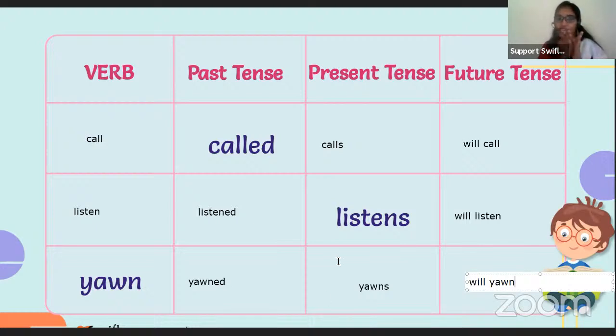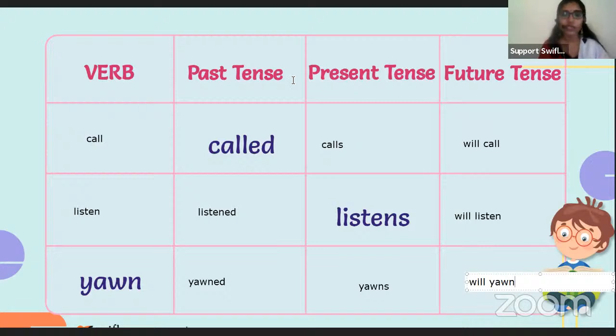If the subject is singular, as we have seen already, we add s or es. And if the subject is plural, for example Geeta and Sita, or they, or we, there we have more than one person, so we should not add any s or es there.